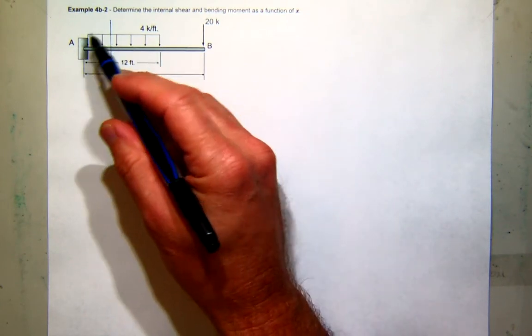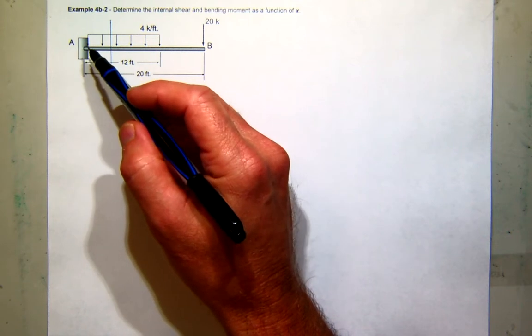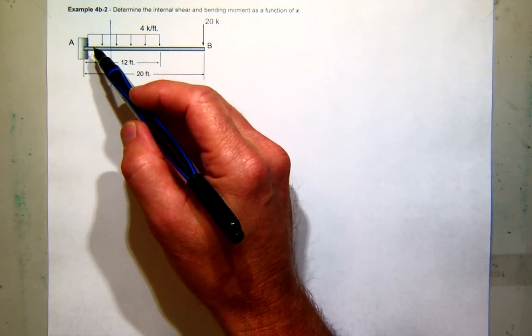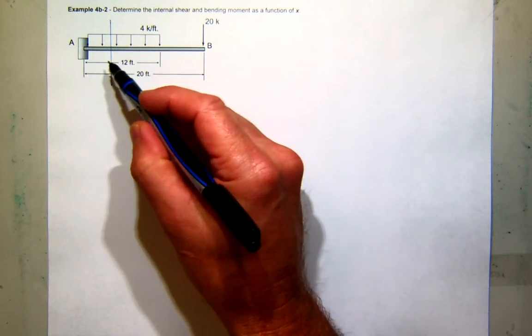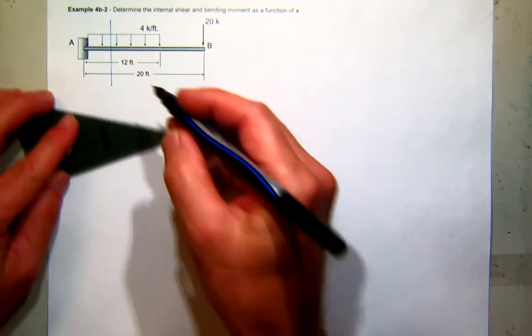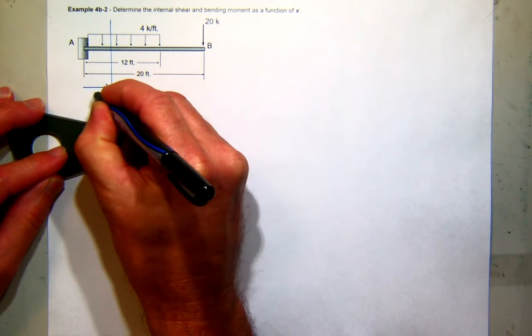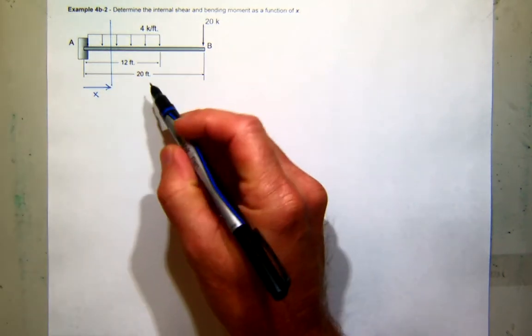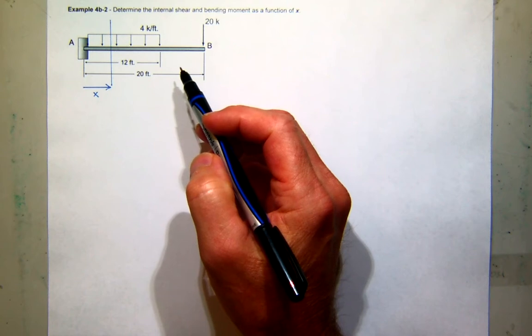If you want to work the left hand, you're going to have to find some reactions. You're going to have to find a shear force and a bending moment reaction. If you work the right-hand side, you don't, but you're going to get some strange notation because remember, we usually measure our x from the left. So you're going to get some interesting stuff here. You can do it.